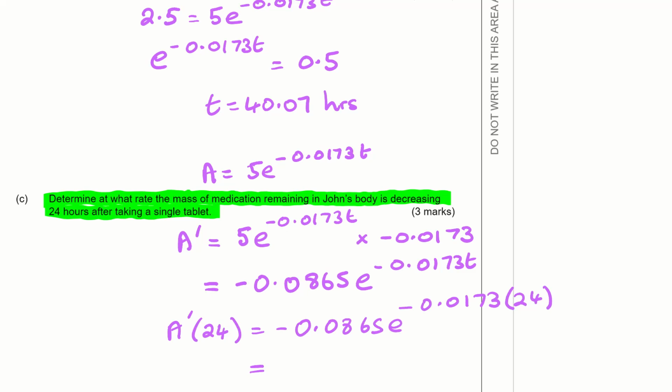Calculating, that gives us negative 0.0571, and that would be in milligrams per hour.